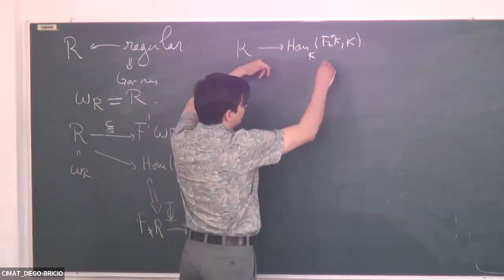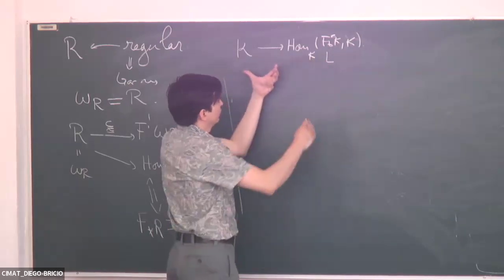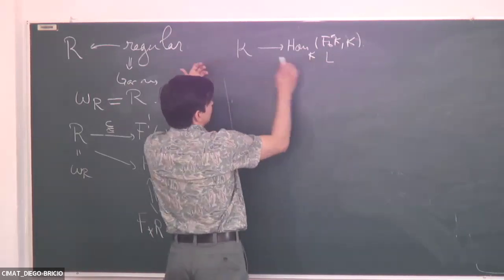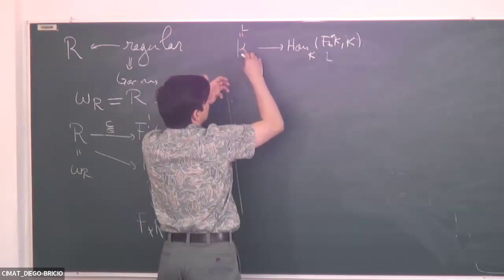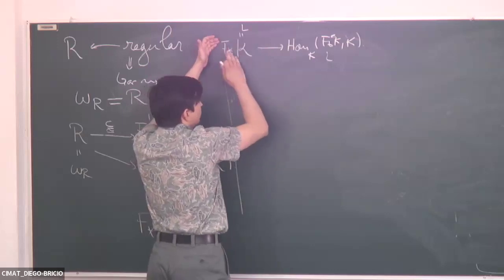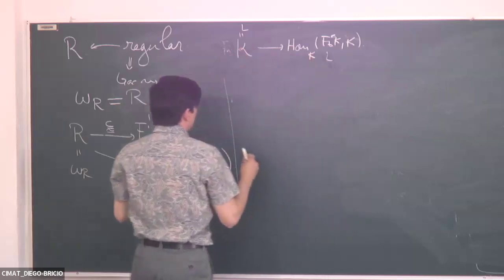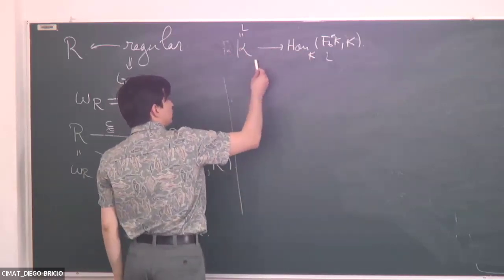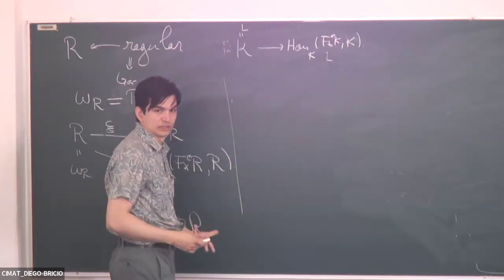In general, I can just put any field here. Sorry, I guess if I put a field here, I should have put L here. Technically speaking, I should have written this down here. It's just a choice of that section. And I'm going to use that generically because I'm working with a field, I have a trace.